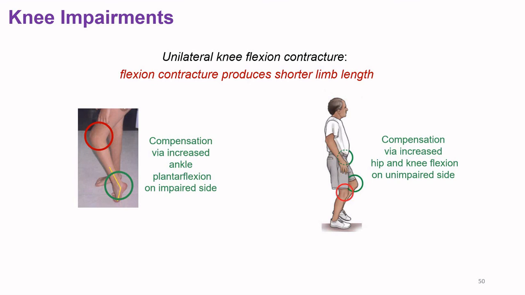On the impaired side, the shortening of the limb by knee flexion can be offset by increasing ankle plantar flexion so as to increase the length of the impaired limb. On the unimpaired side, the leg length asymmetry can be compensated for by increasing hip and knee flexion and therefore shortening the limb on the unimpaired side.